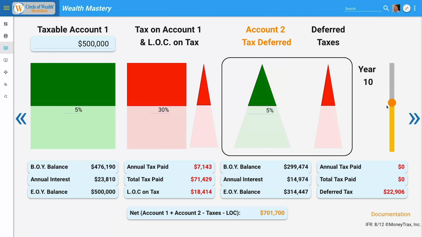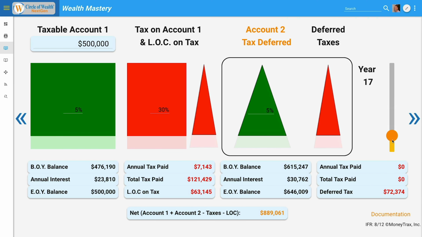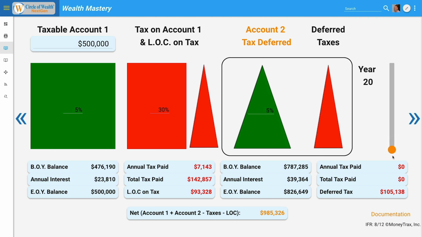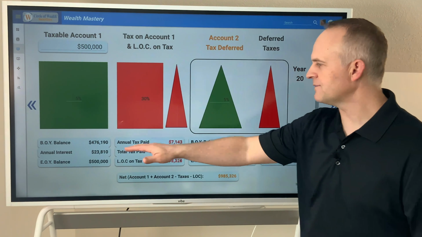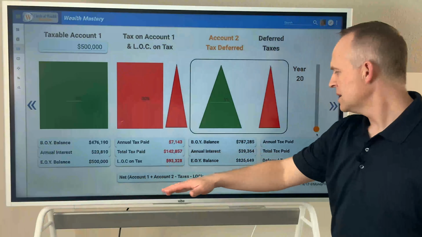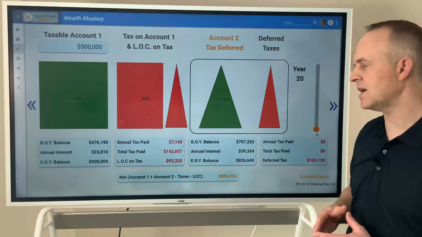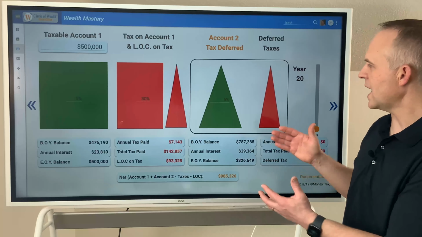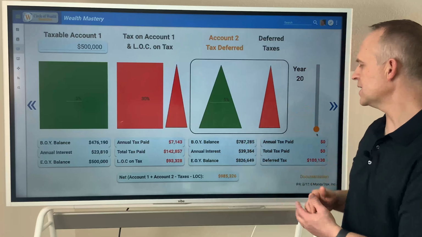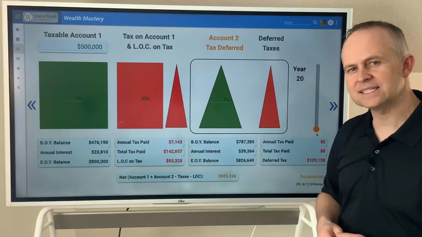As you can see, we've now got these 2 accounts. So what's our final result when we get all the way down to the end? In this particular case, we still have our $500,000 over here, but now we have a net of $985,000, right? Because we have this account that has grown to $826,000.